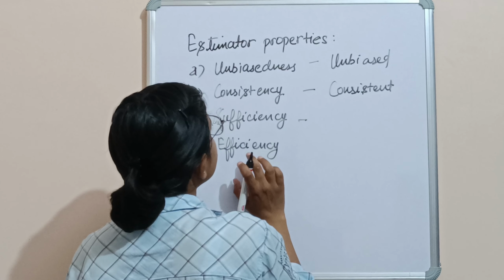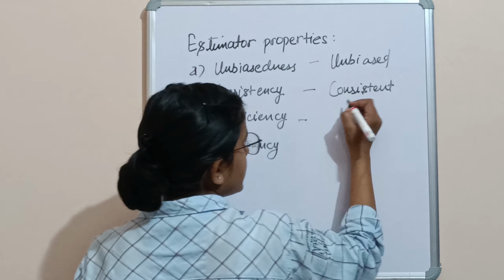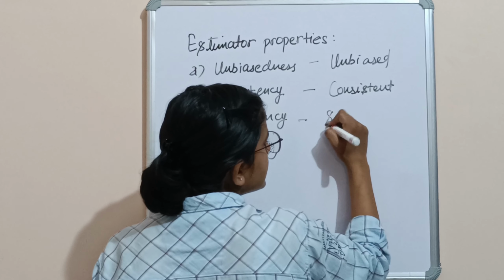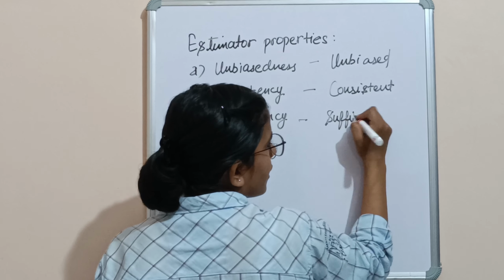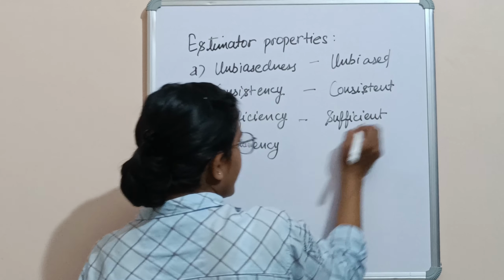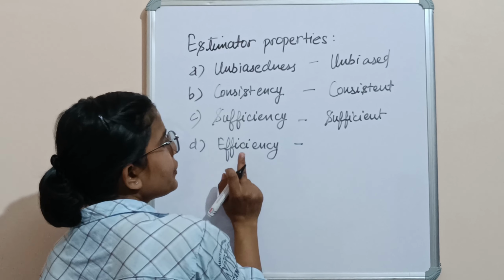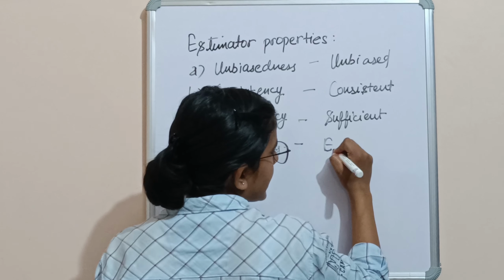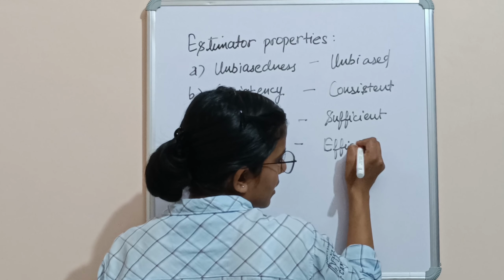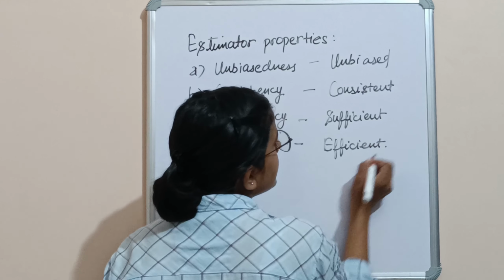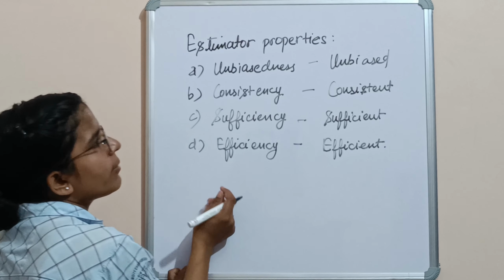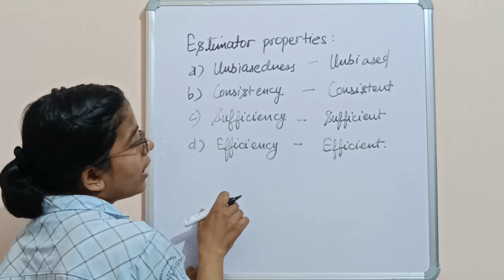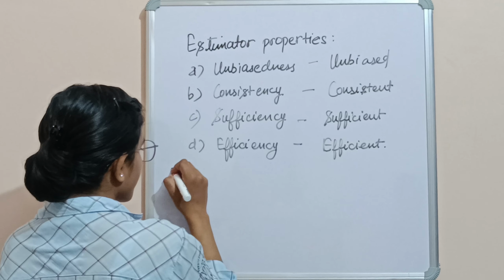If it has the property of sufficiency, then we will call it a sufficient estimator. And if it has the property of efficiency, then we will call it an efficient estimator. In this lecture, we will talk about unbiasedness and unbiased estimators.